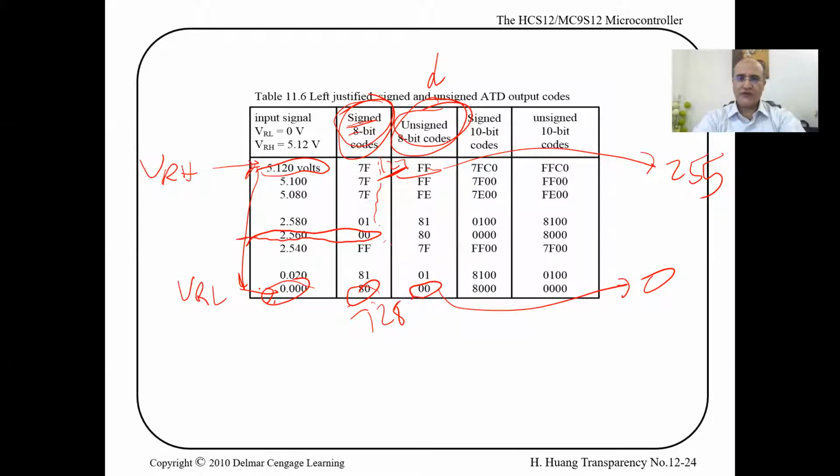You have the 2 options. And this is the same in the case of 10 bits. So in signed, it means that you go to the middle of the range of the voltage you're measuring between voltage reference high and low. That's your 0. Underneath it is negative. Above it is positive.